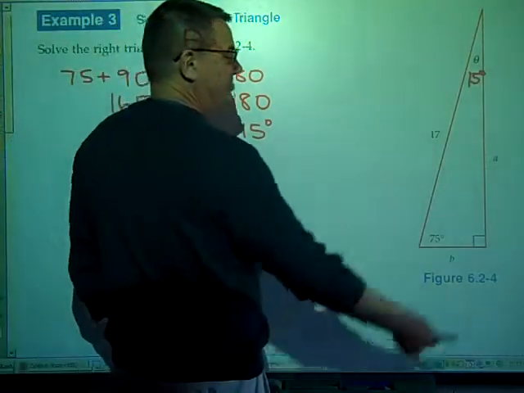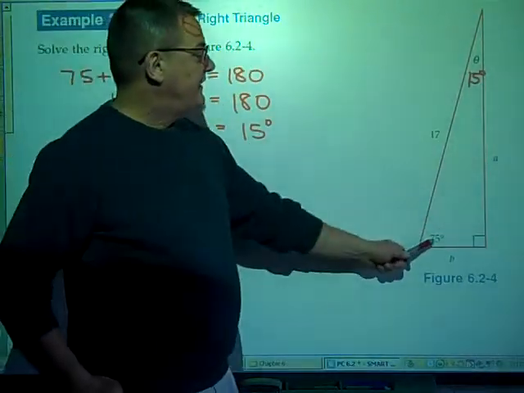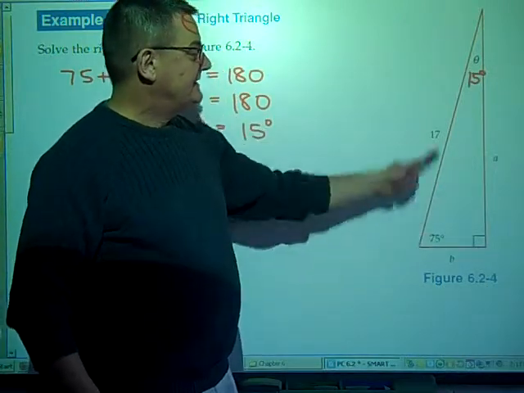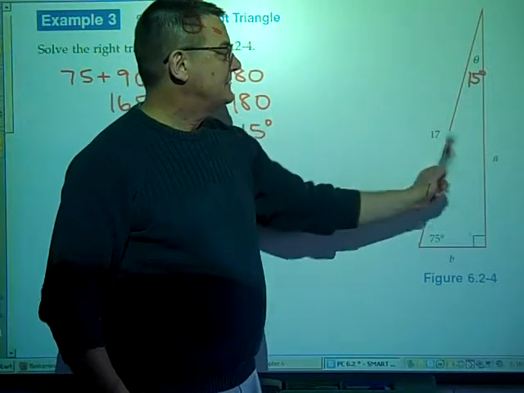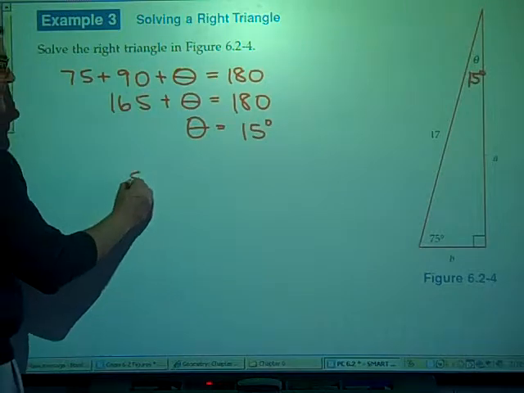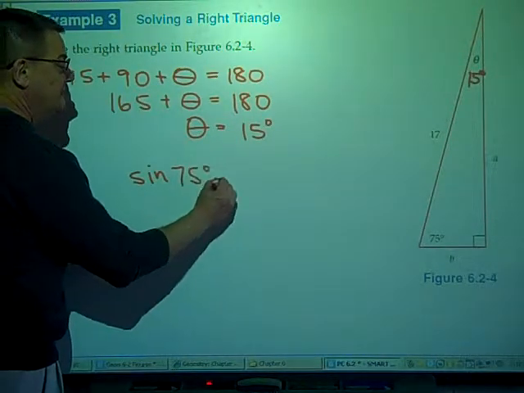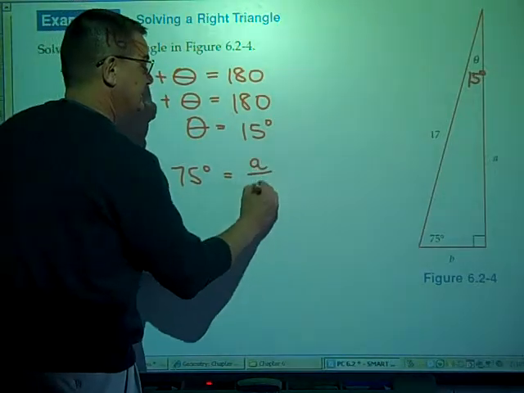Now let's see if we can find side A. Well, using the 75-degree angle, side A is the opposite leg, and 17 is the hypotenuse. So which of the ratios is opposite over hypotenuse? Well, that's the sine ratio. So the sine of 75 degrees would have to be a ratio of A to 17.